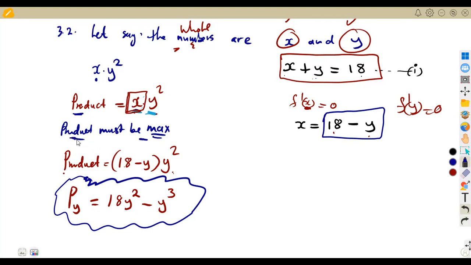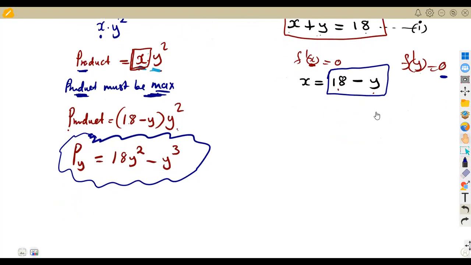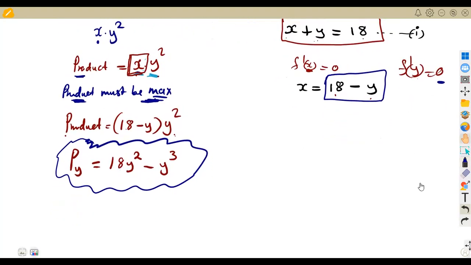What is the condition that will make this product a maximum? That is the condition whereby its derivative must be equal to 0. So since we have this expression in terms of Y only, we can determine its derivative. That means the derivative of the product in terms of Y must be equal to 0. This is the condition that we want.